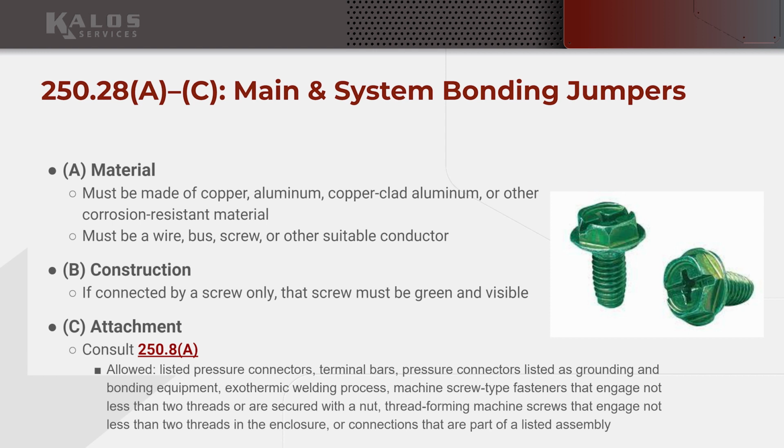And 10-32 ground screws, with that thread count for the thickness of our boxes, will engage 2 threads. So that's why they're 10-32 screws. They do make self-tapping screws that are green and have the appropriate thread count that you can use for grounding boxes.